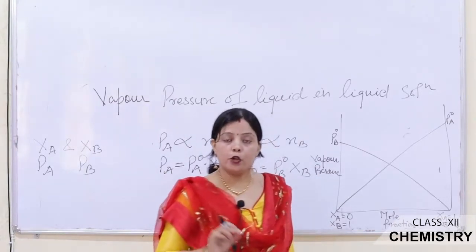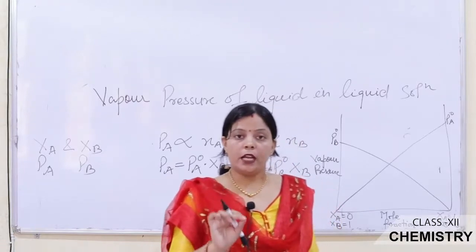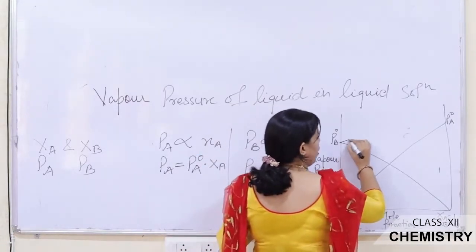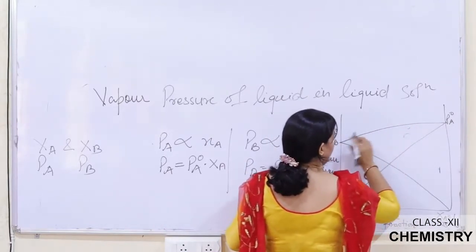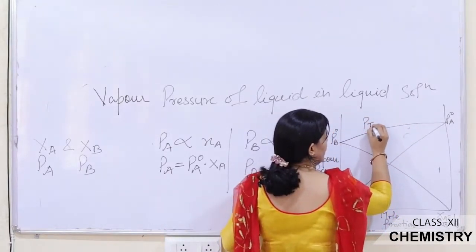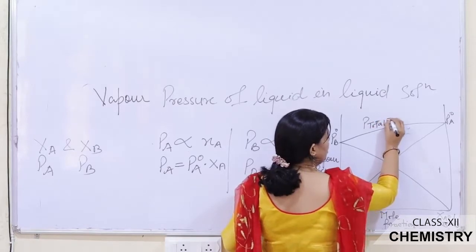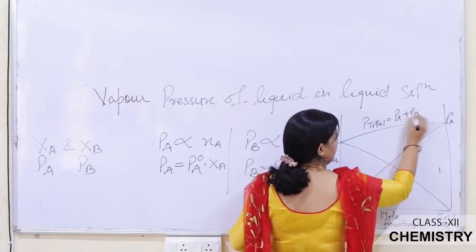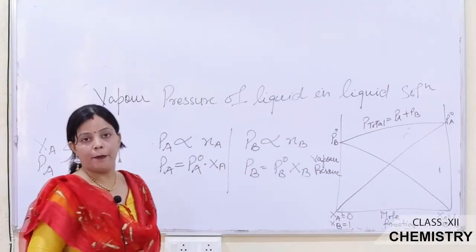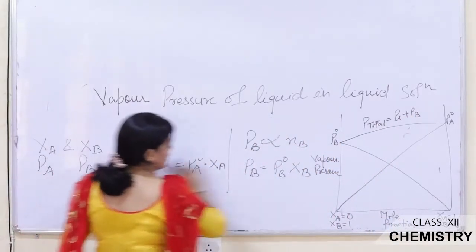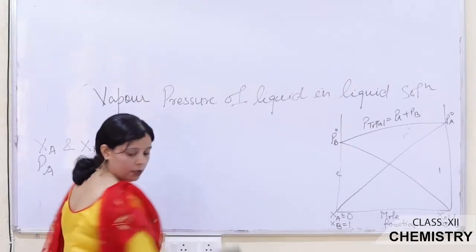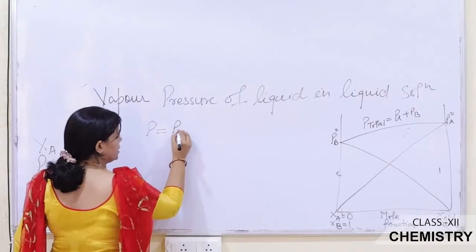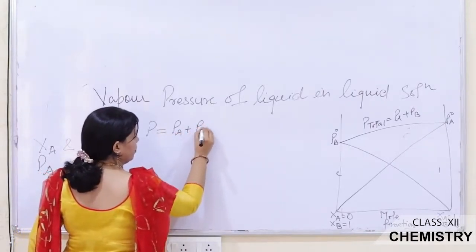So according to Dalton's law, the total vapor pressure of the solution is the sum of these; when we join these two lines, we get P total, that is the total vapor pressure in the solution, which is equal to Pa plus Pb. That is the sum of the vapor pressures of the individual components. According to Dalton's law, P is equal to Pa plus Pb.